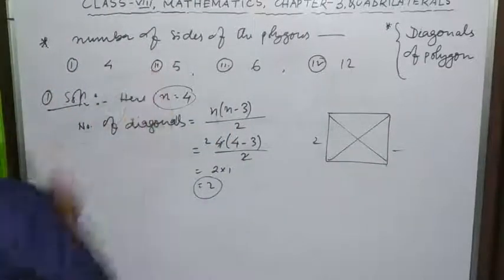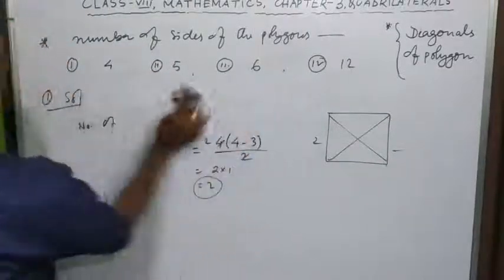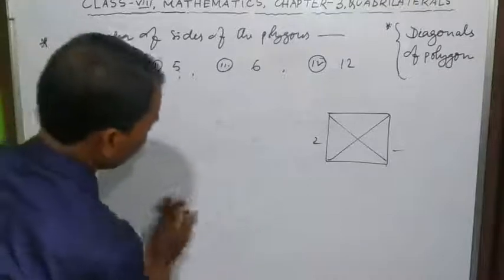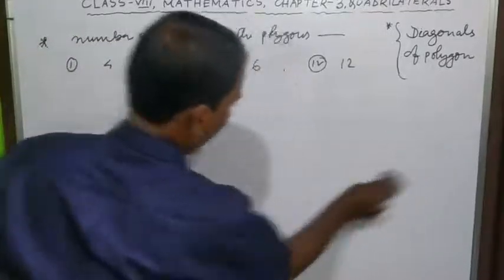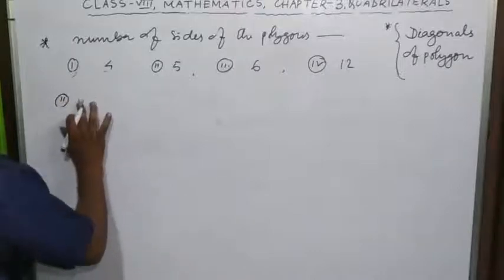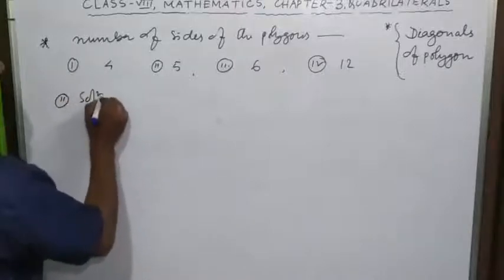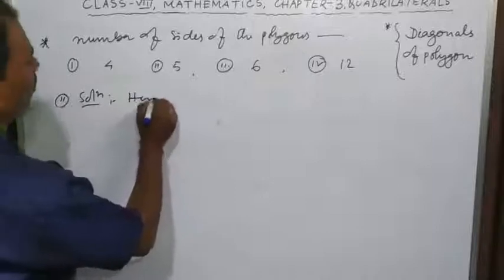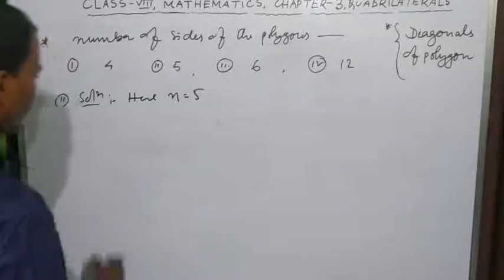Now, let us prove this one. Say, number 2, solution. Here, n is equal to 5.